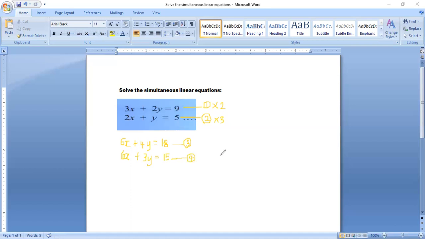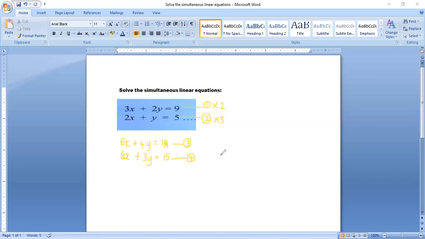All right, so when we look at equation 3 and we look at equation 4, we look at the x's. They're now the same. We have 6x in equation 3 and 6x now in equation 4. What we need to do next is to look at their signs. Guys, always remember to focus on what you're eliminating. And since we're eliminating x, we're looking at x. There's a positive 6x in equation 3, and there's also a positive 6x in equation 4.